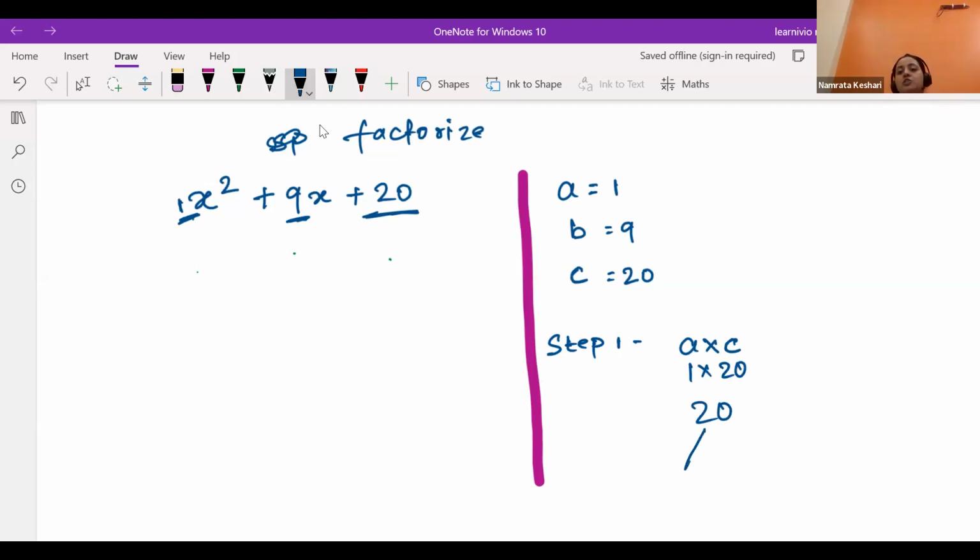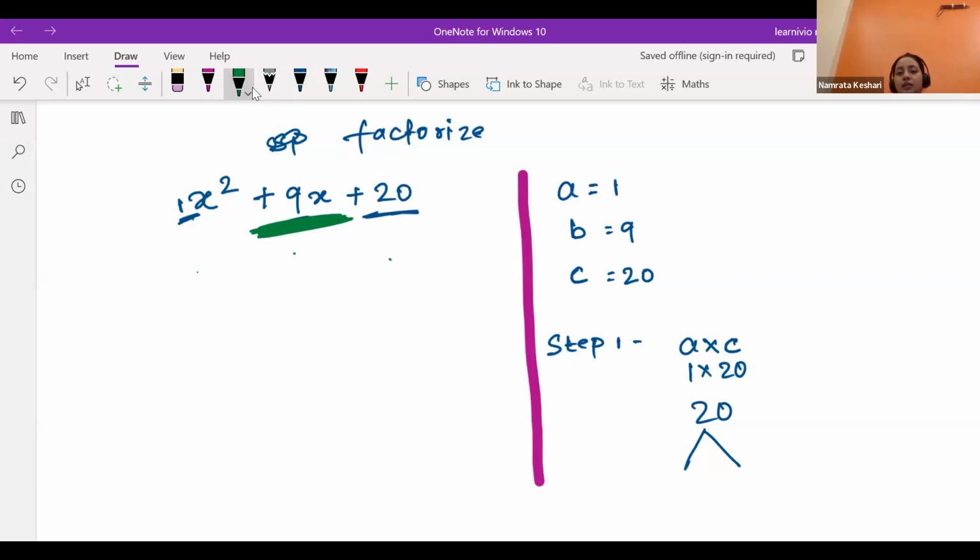Now factorize this 20 by using two such numbers, which added together or maybe subtracted together will generate our middle term.